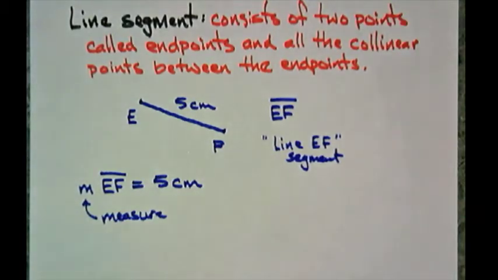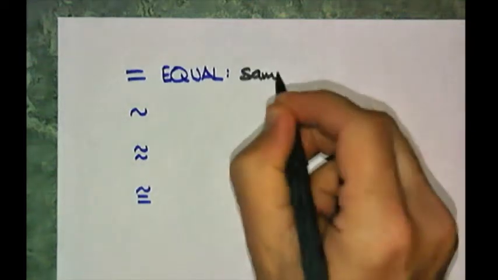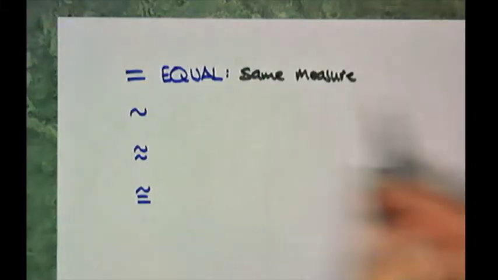That brings me to an interesting point. You've seen these symbols before. The first one I just used. That means equal. Well, now what does equal mean? I like thinking of equal as the same measure, or you could say the same size.